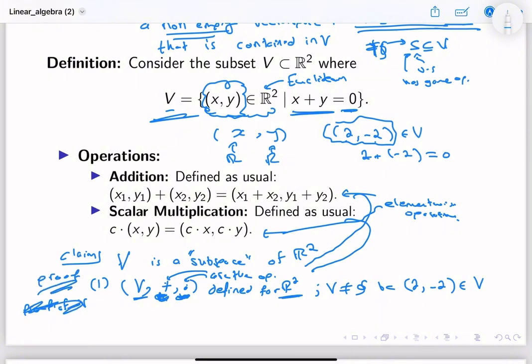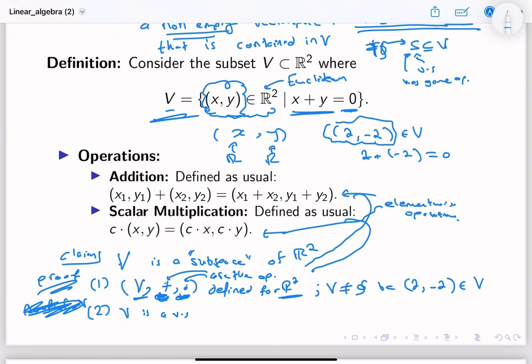Proof starts here. Okay, so the first thing that we checked is that V is equipped with the same operations of R2. The second was that V is not empty because it has an element. And then we're going to prove that V is a vector space, right? So the second thing we need to prove is that V is itself a vector space, and this is what it takes for V to be a subspace.